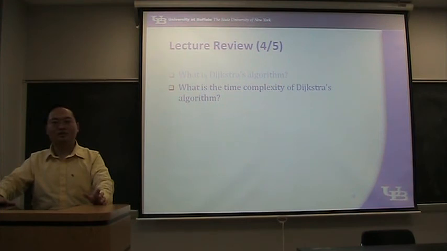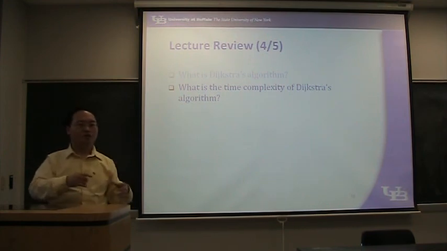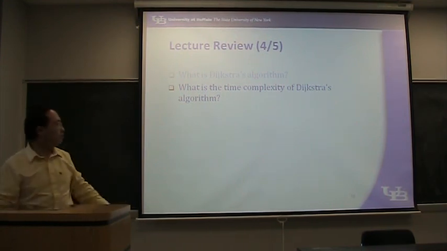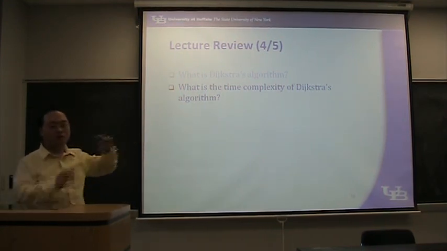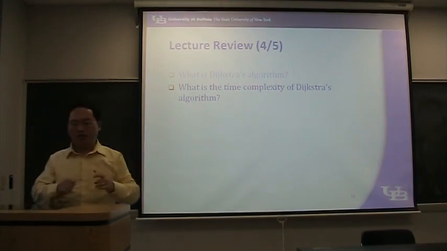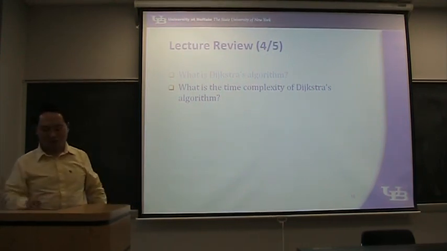No, it's not n cubed. It was n log n. Remember this. Using the best data structure, the time complexity for this is big O of n log n. It's in the slides.